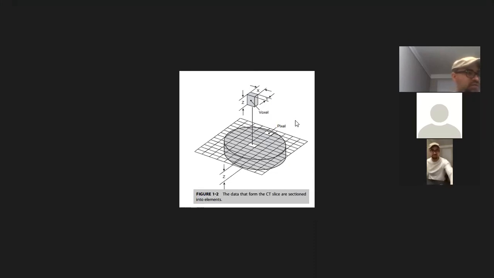Okay, so we'll start with the definitions. Spatial resolution and contrast resolution. Those are the terms that we typically use. But I need you to be clear that high contrast resolution and spatial resolution are the same thing, right?